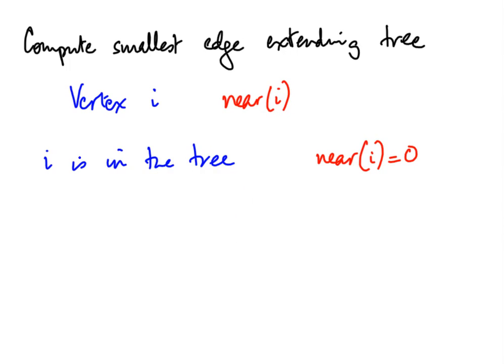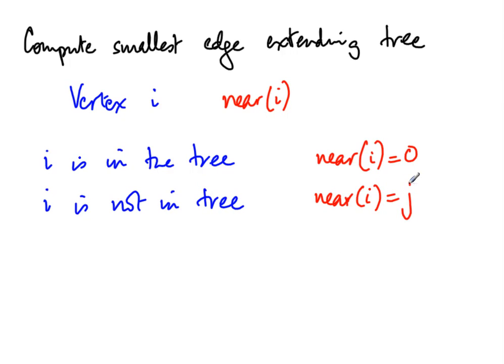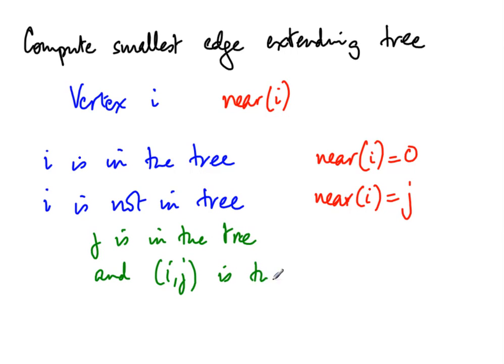If I is not in the tree, then if near of I is equal to j, this means that j is in the tree and ij is the lowest cost edge from I to any vertex in the tree.